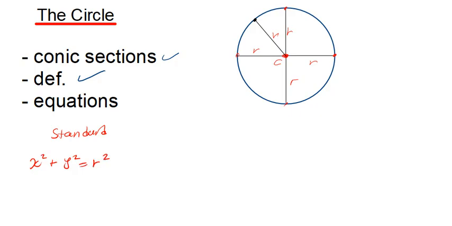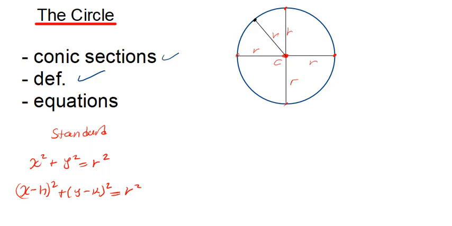You might also see this written as x minus h, squared, plus y minus k, squared, equals r squared. So these two are the standard equations of the circle. Then how are these two different? This one is when the circle is centered at the origin.